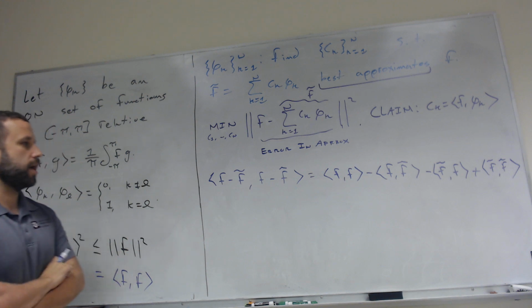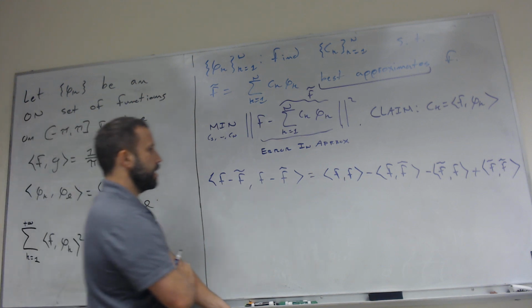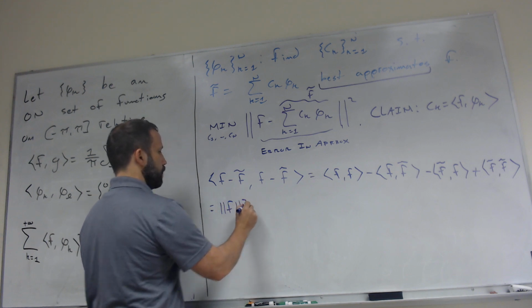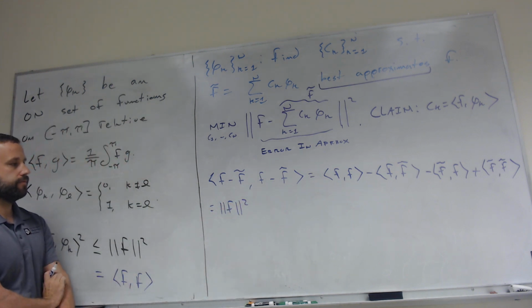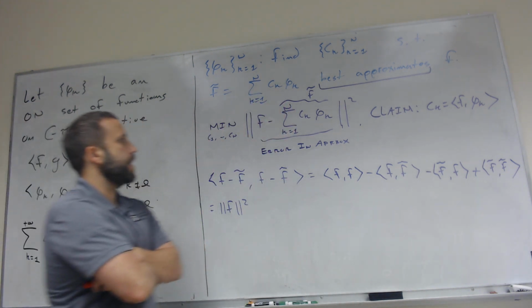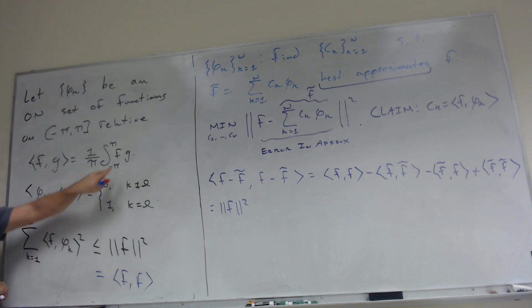Okay, and so let's write out what each of these are going to be here. Well, the inner product of f with itself is just the norm of f squared, so I'm going to keep that. Okay, so let's think about what's going on here. The inner product of f and f tilde, and the inner product of f tilde and f. Well, notice that the inner product we've defined here is symmetric.